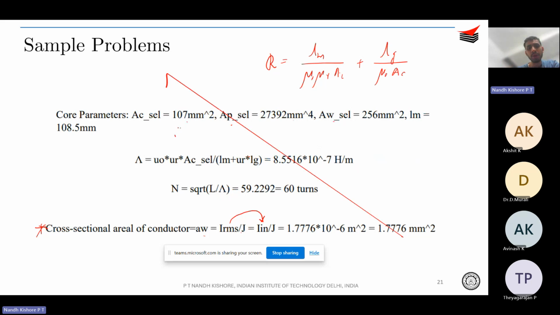So 1 by reluctance is permeance. So you know what is your permeance, and from that you get what is N. N is equal to root over L by permeance. So you know what is your N.